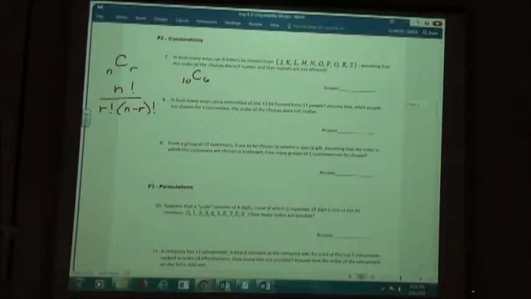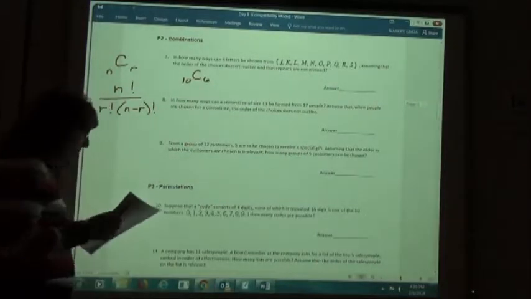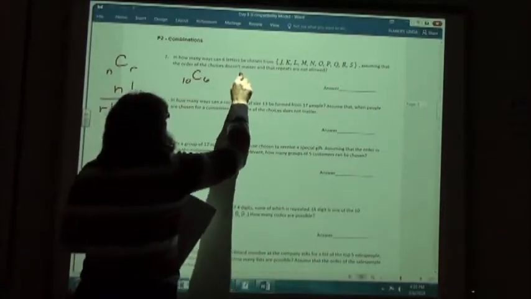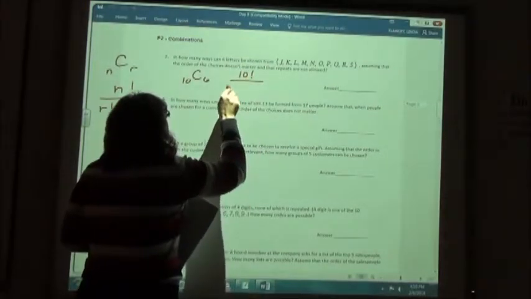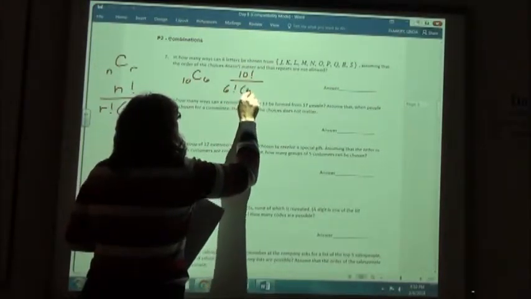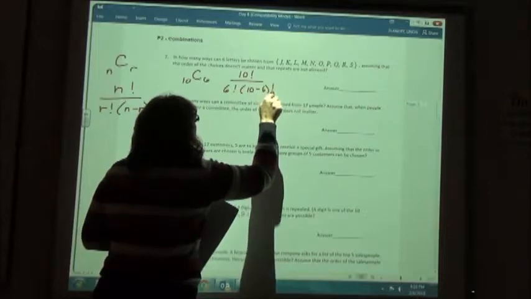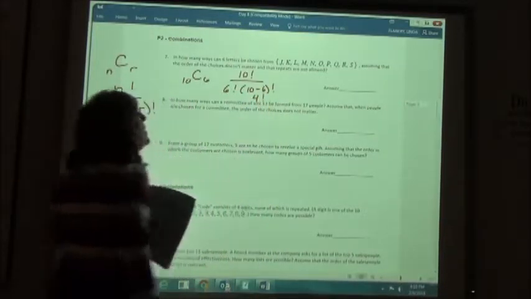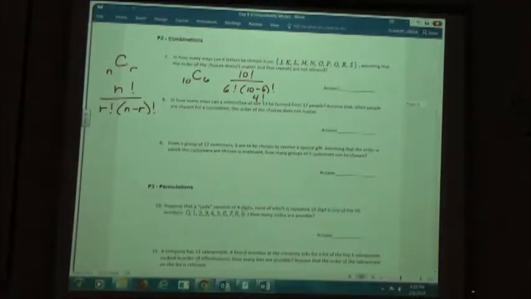If I put that into my formula, I am going to have 10 factorial over 6 factorial times 10 minus 6 factorial. And 10 minus 6 would give me 4 factorial.